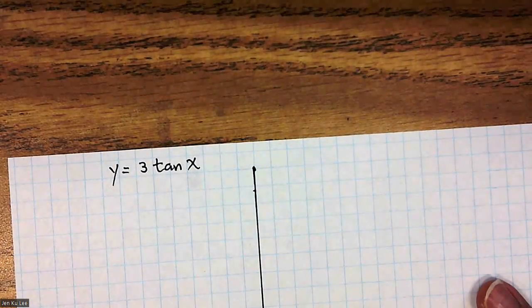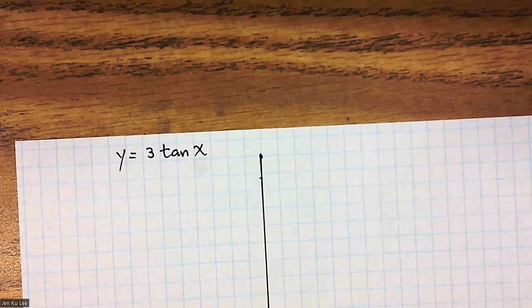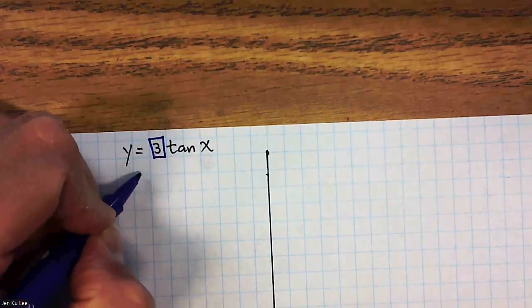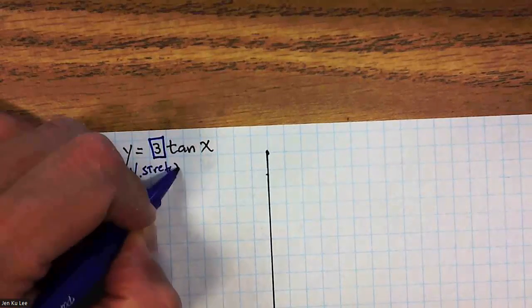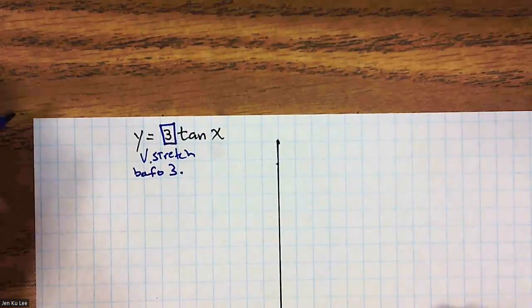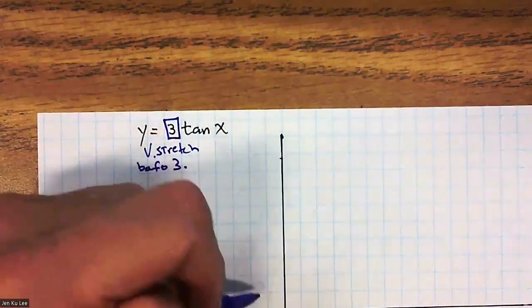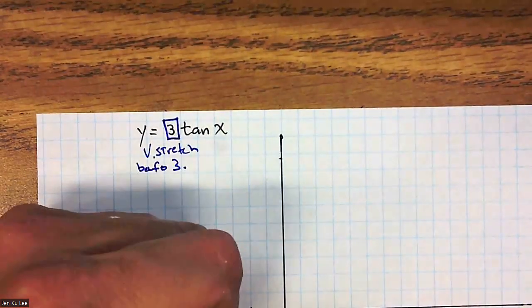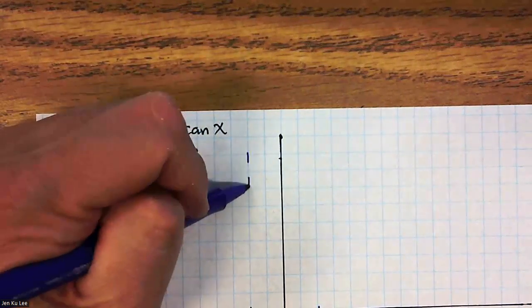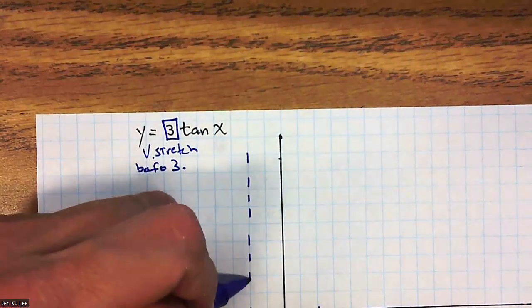So let's try that out a little bit with y equals 3 tangent of x. I know this 3 is all I'm doing is a vertical stretch by a factor of 3. So all I'm doing, class, is I am going to draw out the parent function, which here is my vertical asymptote.